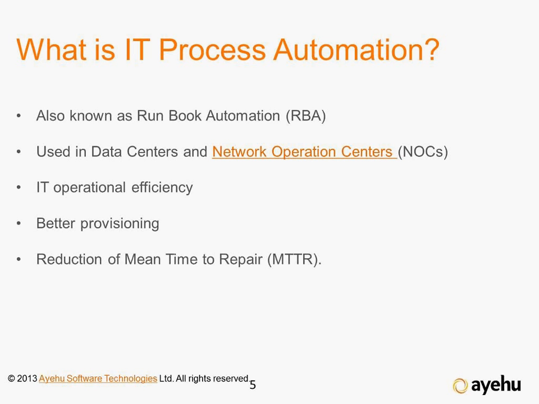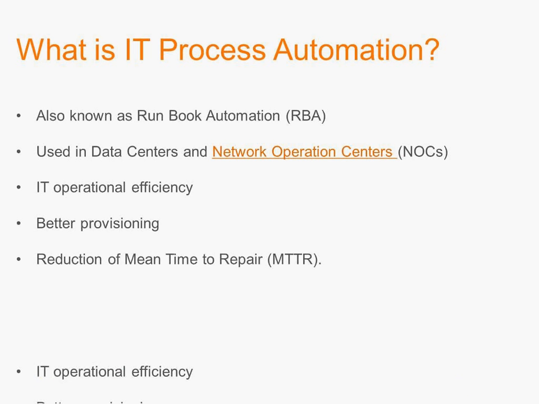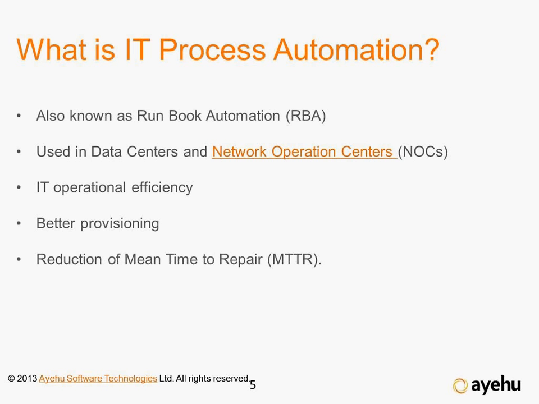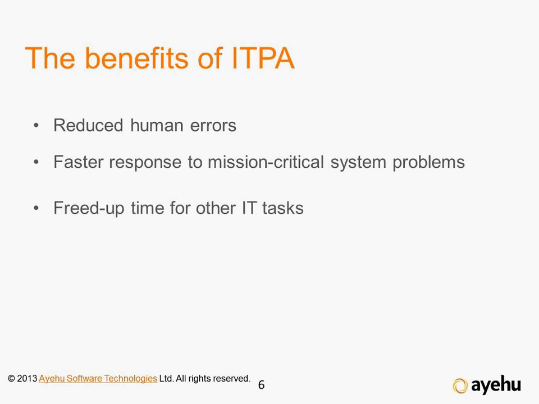Keeping up with the demand is also about doing a better job of the services that are provided to that infrastructure. IT process automation is much better at provisioning than the manual alternative. And we believe it's also much better at reducing mean time to repair. The time between when an incident occurs and when it gets resolved, if you look at the difference between how long it takes to do that manually versus through automation, it's very significant.